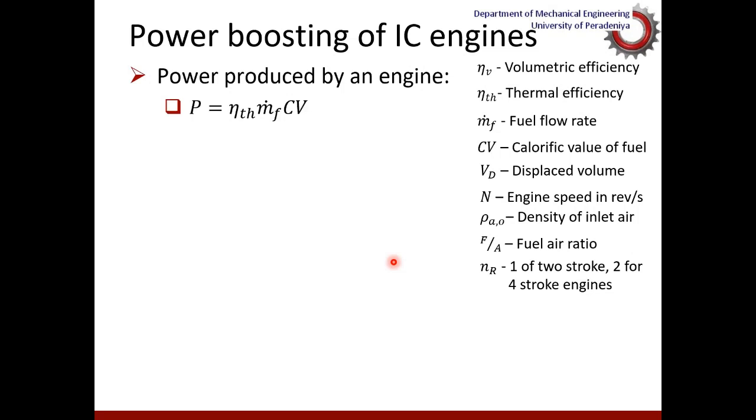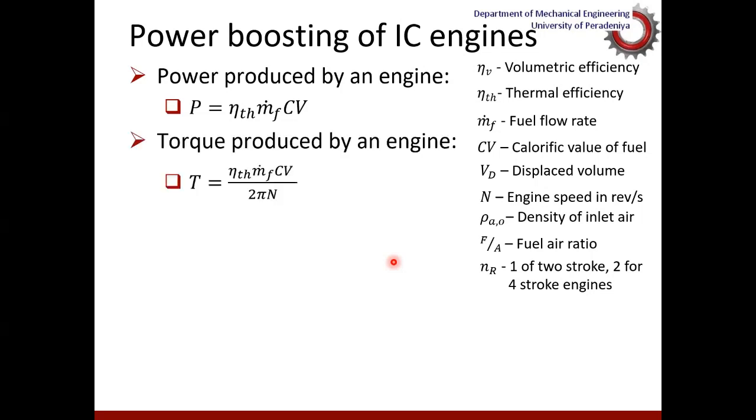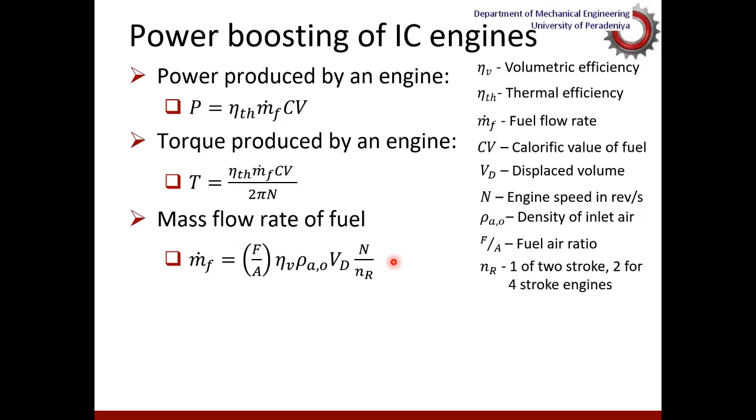We all know that the power produced by an engine equals the mass flow rate of fuel times the calorific value multiplied by the thermal efficiency of the engine. And we know that the torque equals power into speed. Accordingly, the torque is also directly proportional to the mass flow rate of fuel. And then the mass flow rate of fuel, we can work out considering the volumetric efficiency, air-fuel ratio, the density of the incoming air, and of course, the displaced volume of the engine.